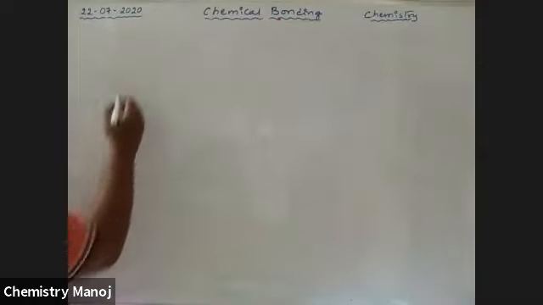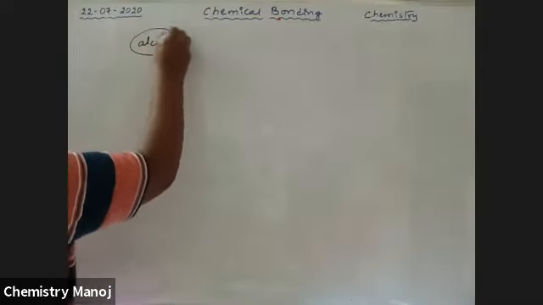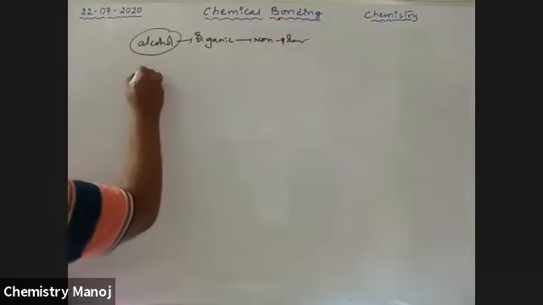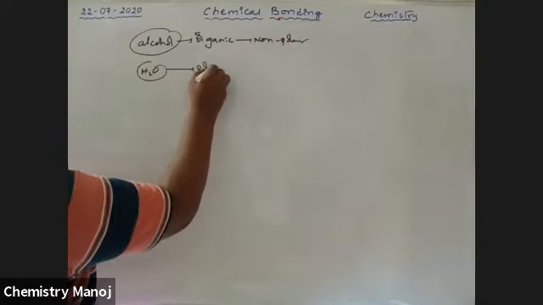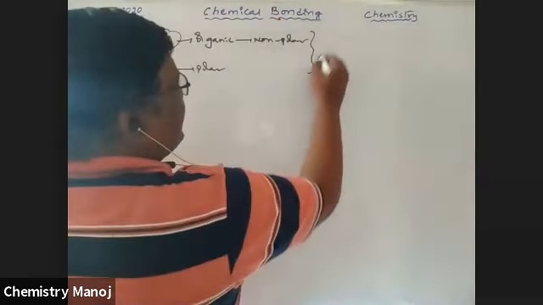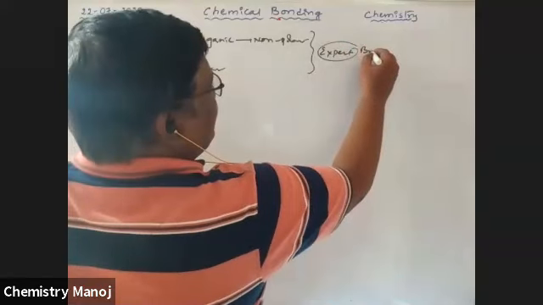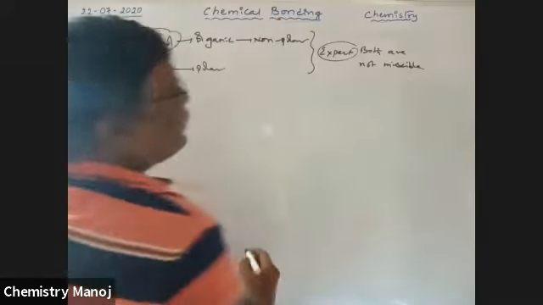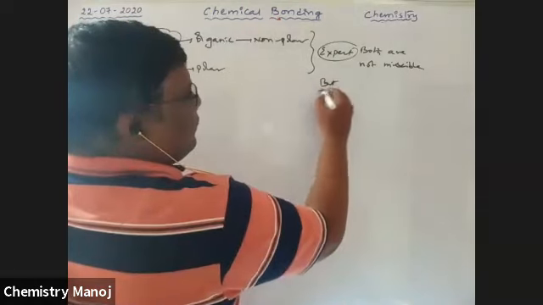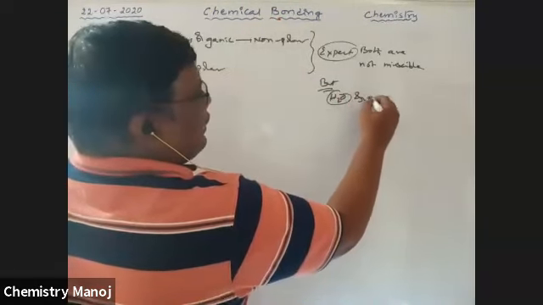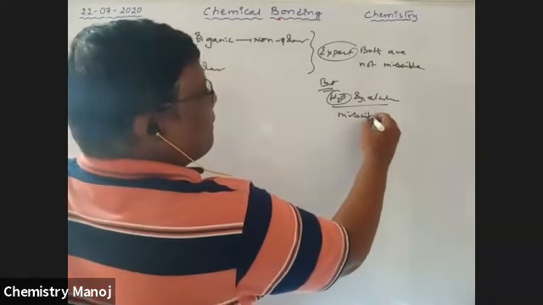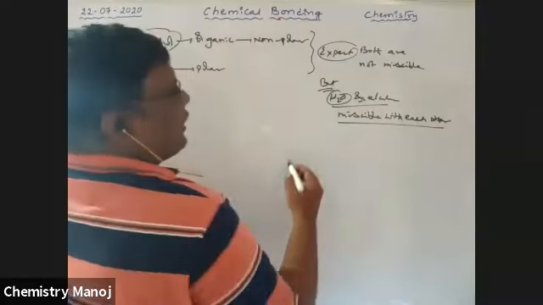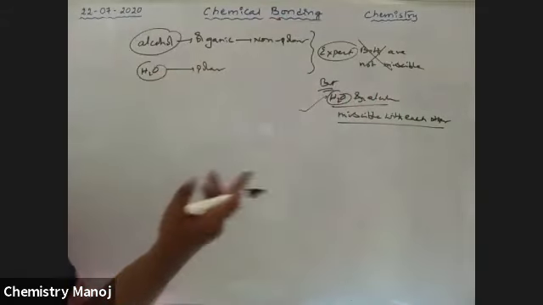See, boys, alcohol is organic and non-polar, and water is polar. As we expect, both are not miscible, but water and alcohol are miscible with each other. So this is not correct; this is corrected: water and alcohol are miscible with each other.